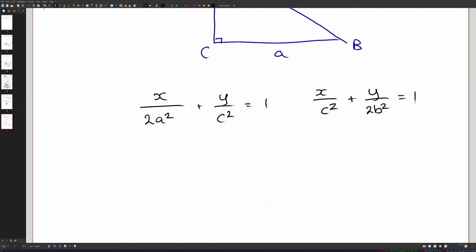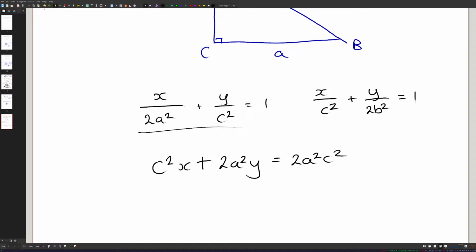Yeah, so this is just a system of two linear equations, so you can just solve it. So let's multiply this whole thing by 2a squared c squared, I guess. So you've got c squared x plus 2a squared y equals 2a squared c squared. And you've got 2b squared x plus c squared y is 2b squared c squared.